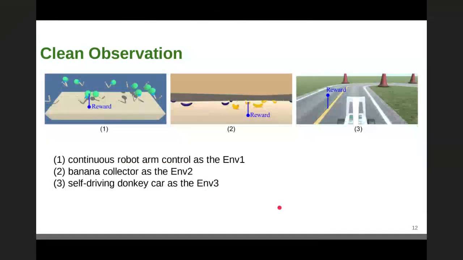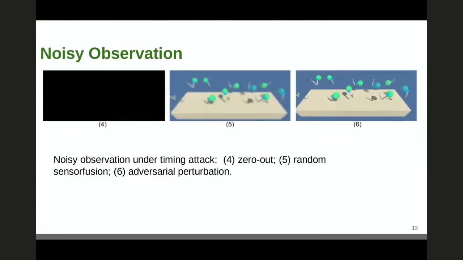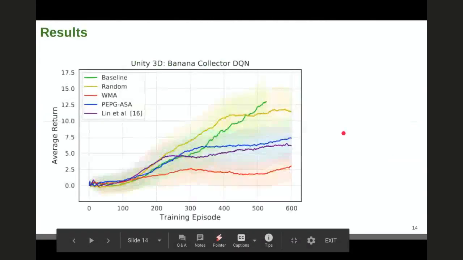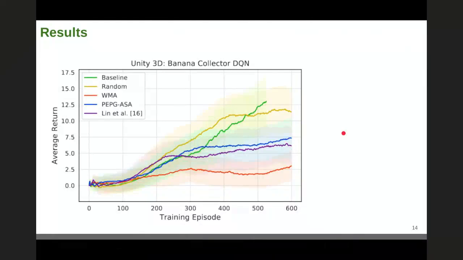First we offer the clean observation, and then we get noisy observation, the zero-mean random noise, and adversarial perturbation like the previous study. And we can find the decay in performance.